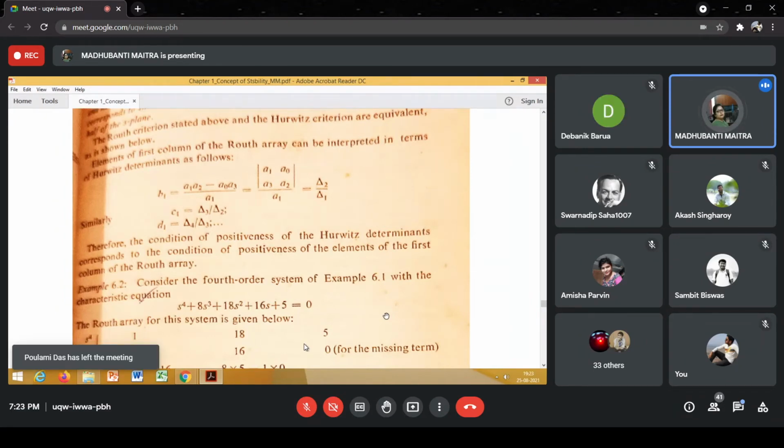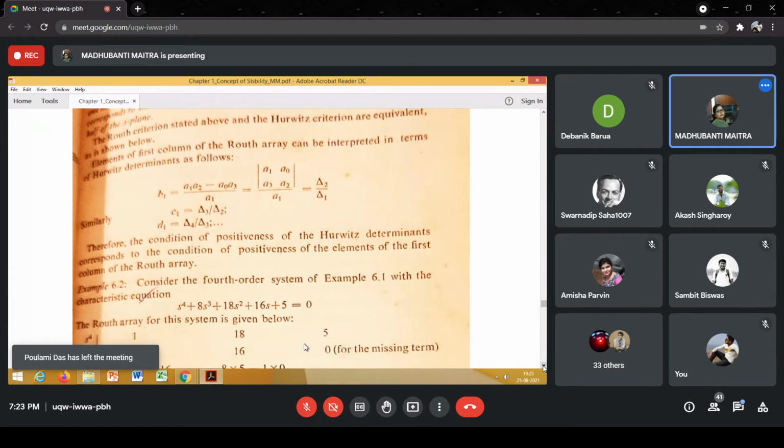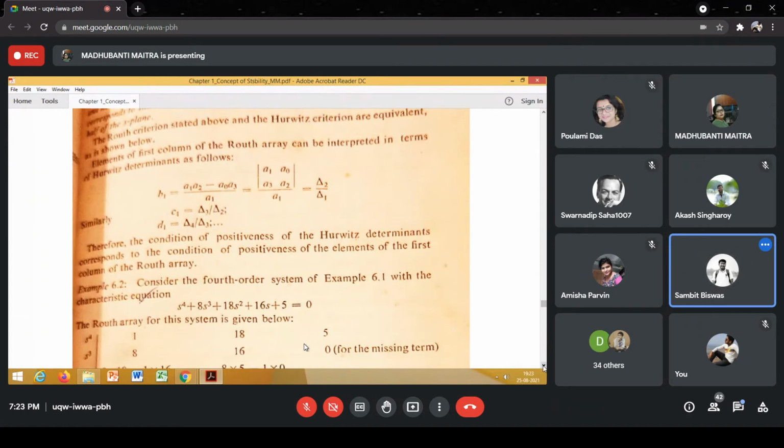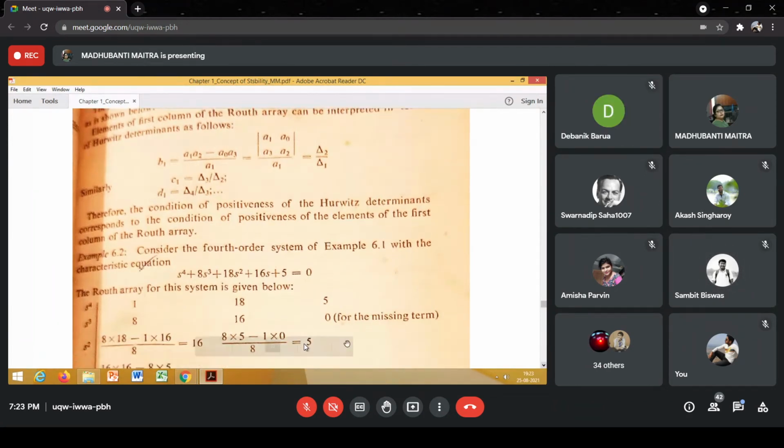So now we'll have to compute the elements of the row which corresponds to the term s square. Will you be able to do that? Ma'am, 16 or 5? So this is the formula: (8 into 18 minus 1 into 16) divided by 8.